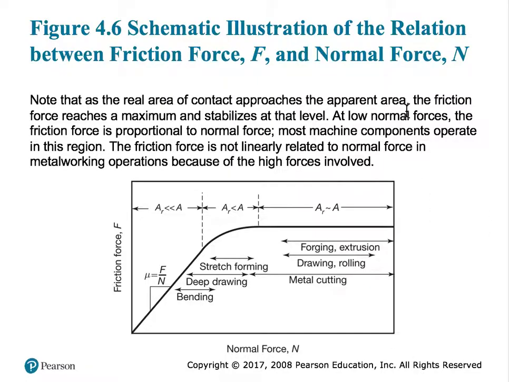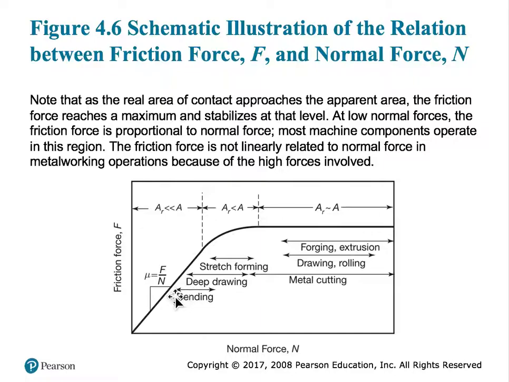So your friction force is going to be dependent on the amount of contact between the two surfaces that are moving in relation to each other. So that is also going to be dependent on the normal force that is applied by one surface on top of the other.